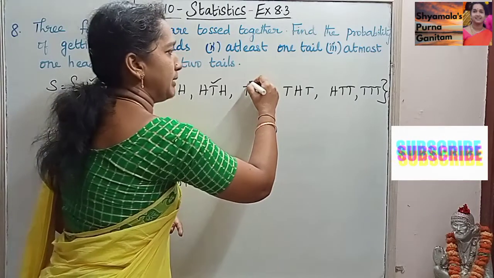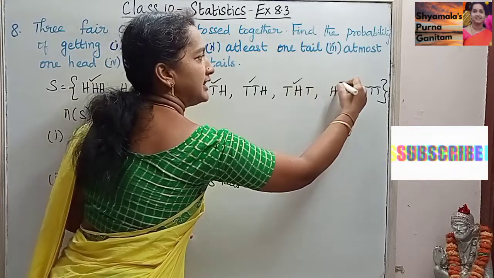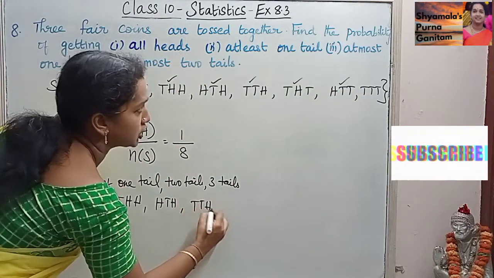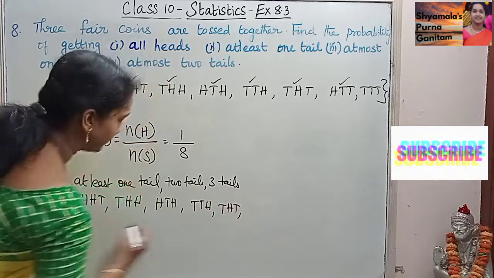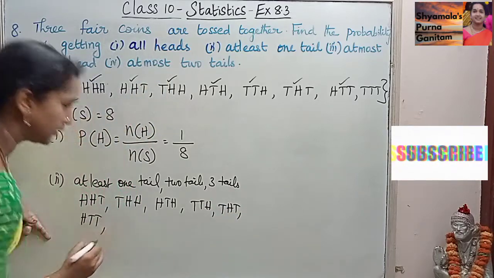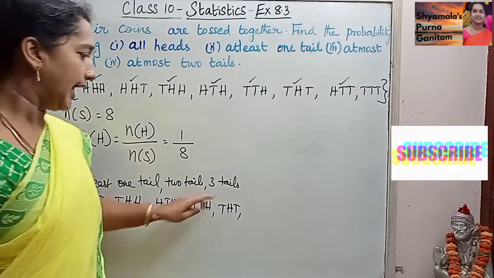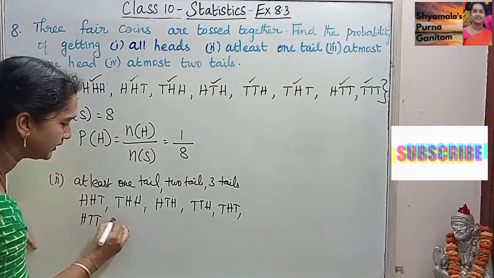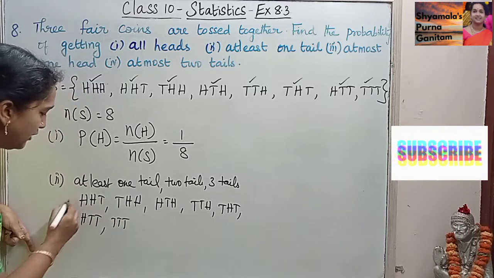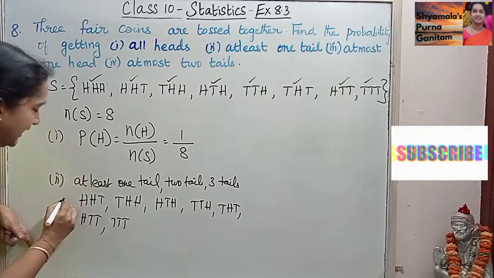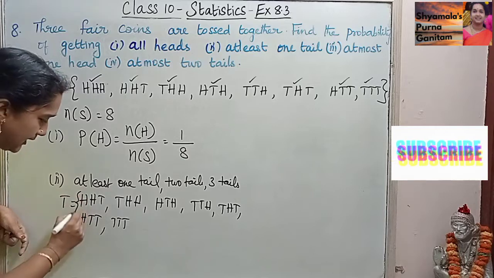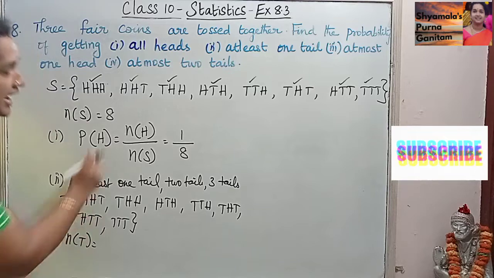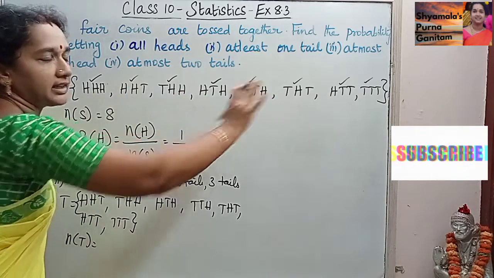2 tails will be these 3: T, T, H, then T, H, T, and then H, T, T. So this is 2 tails. And then 3 tails will be tail, tail, tail. If we are taking this as T, the favorable outcomes n of t will be, other than the first one, all other things we have taken.